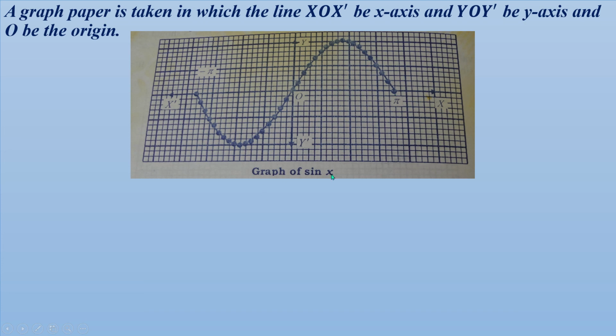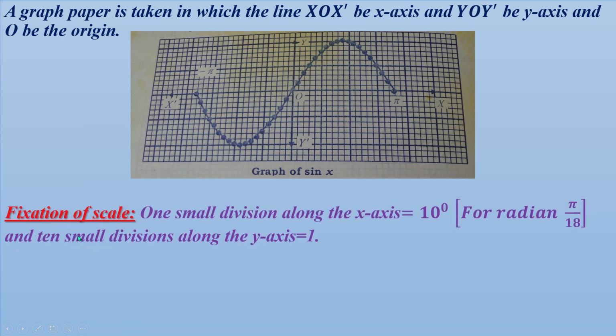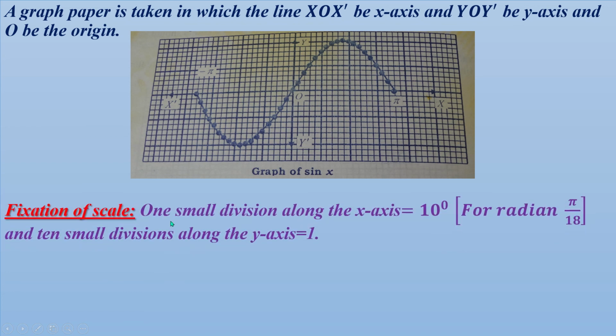This is the graph of sin x, and you also have some language to write: fixation of a scale. That means one small division along the x-axis equals 10 degrees. That means one small square equals 10 degrees, so 2 makes 20 degrees, 3 makes 30 degrees, 40 degrees, 50 degrees, 60 degrees.